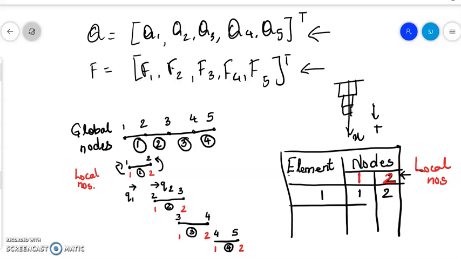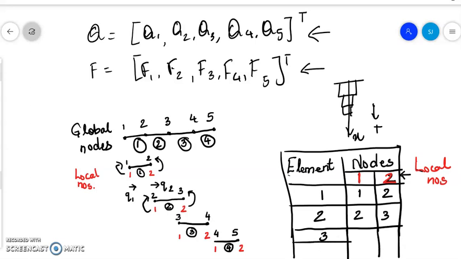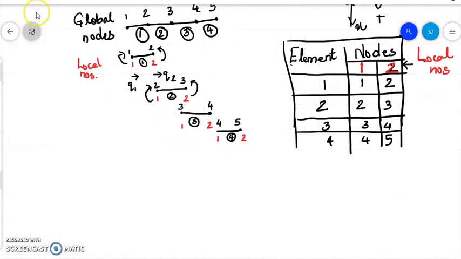Similarly, for element 2, the local 1 corresponds to the global 2 and local 2 corresponds to global 3. So this is the relationship between the local and the global coordinates. So this will be 3, 4, and for element 4 it will be 4, 5.